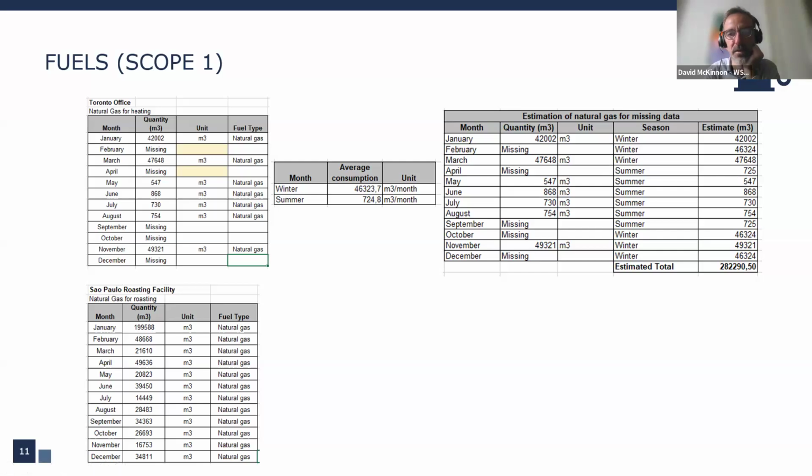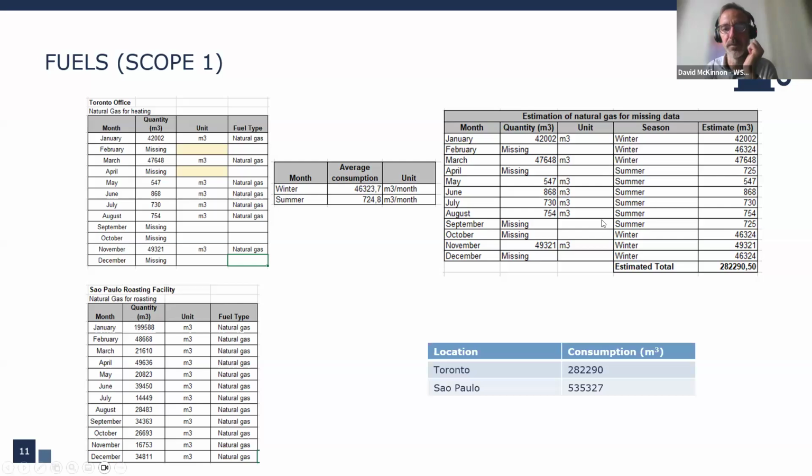That seems a rather unlikely consumption pattern. But anyway, if you do it this way, it gives a final consumption of 282,290 cubic meters in Toronto and just under double that in São Paulo.